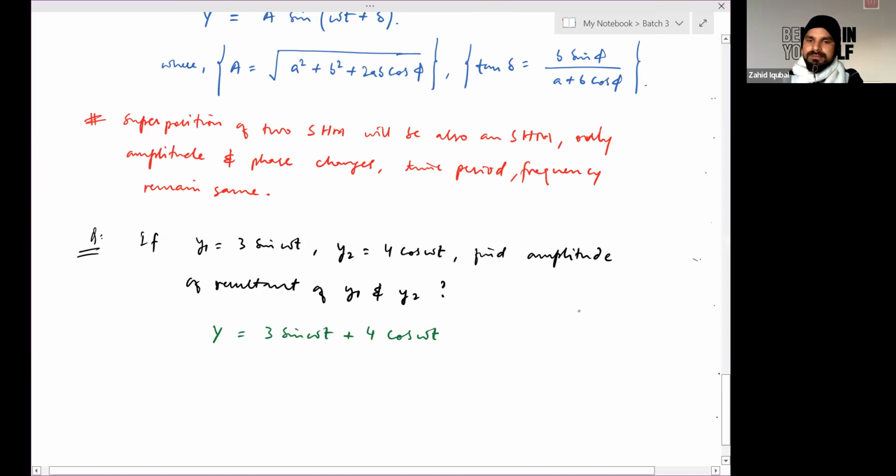Using the relation cos theta equals sine of theta plus pi by 2, you may write it like this. So it will be equal to 3 times sine omega t plus 4 times sine of omega t plus pi by 2.